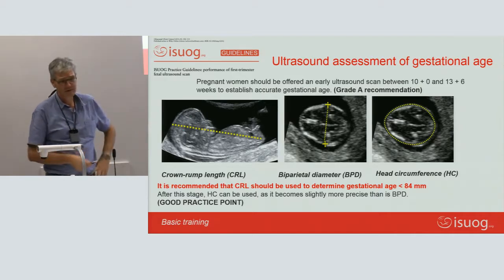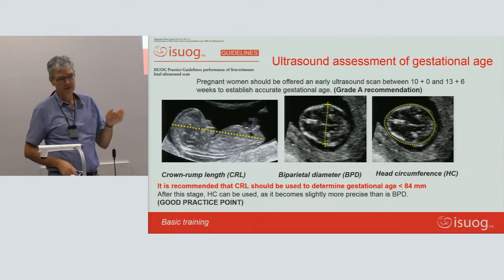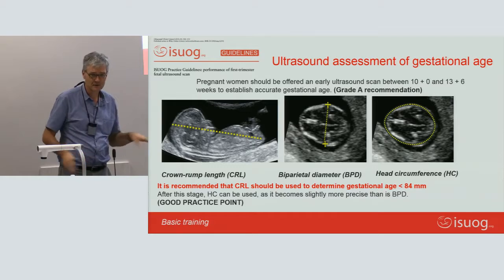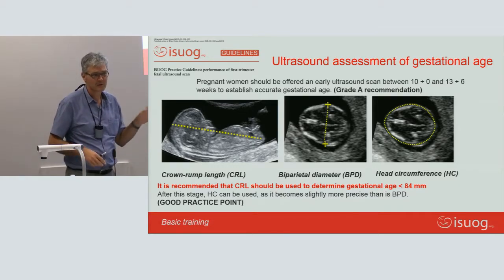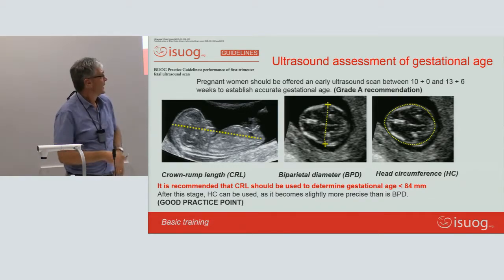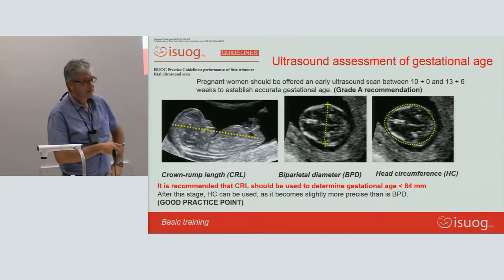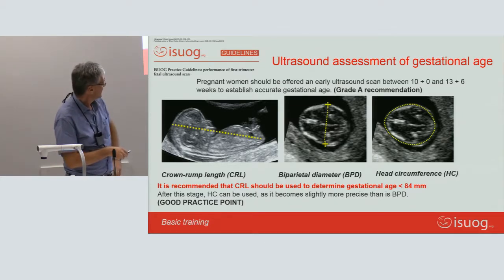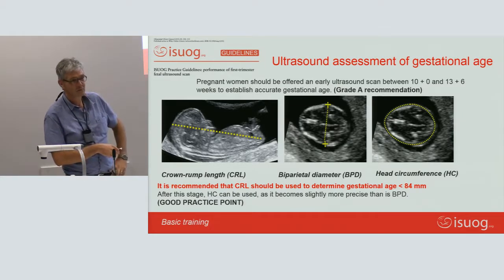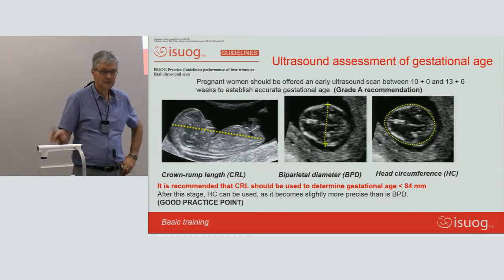And I can tell you what it is at 11 and a half weeks, it's 48 millimeters, because below that we shouldn't be looking at nuchal fluid, but that's another talk. And at 14 weeks, how big is it? It says 84 millimeters. So it's easy: between 48 and 84 millimeters.